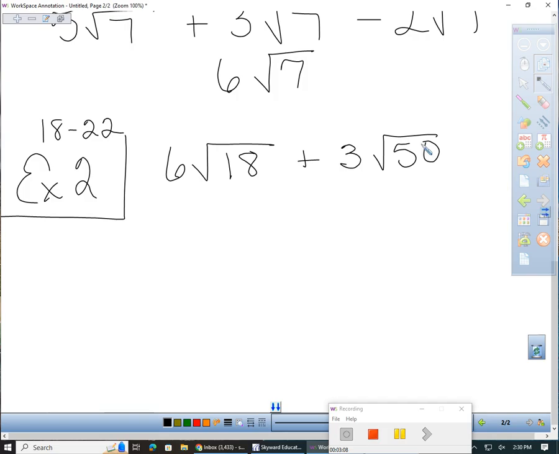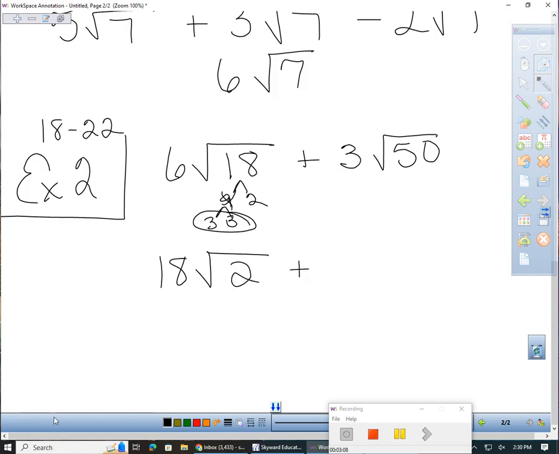Can I add them the way they are? No, they're not like terms. But what we can do is first simplify and see if they become like terms. So 18 breaks down into 9 times 2. 9 breaks down into 3 and 3. So 3 goes out and meets up with 6. So we have 18 on the outside. Left at home is a 2.